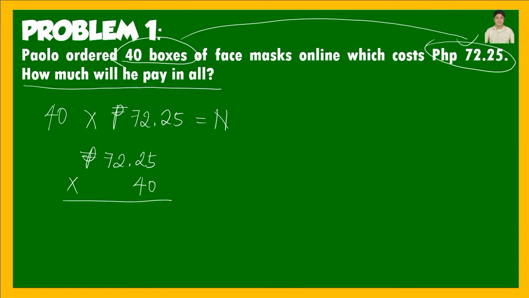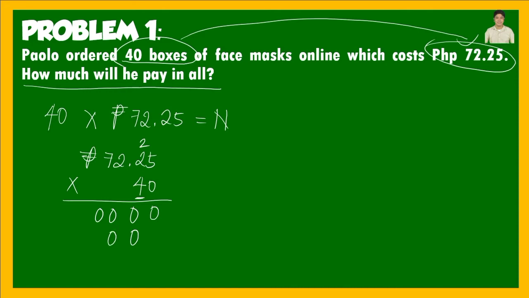So next, 5 times 0 will have 0. So 0 lahat yan, pwede nating isulat. Next, 4 times 5, 20. So we'll write 0 and then carry 2. 2 times 4, 8 plus 2, 10.